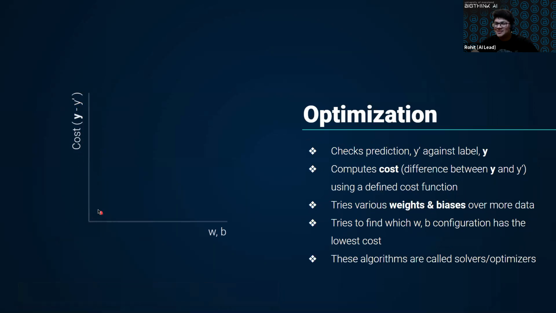This is a really simple version of what actually happens, a 2D plane representation where it tries out a ton of different weights and biases. It plots the cost over different configurations, sees which one was the lowest, and decides on that as the best it can get. This is where, like in calculus, you have the concept of a local optimum and a global optimum, or minima.